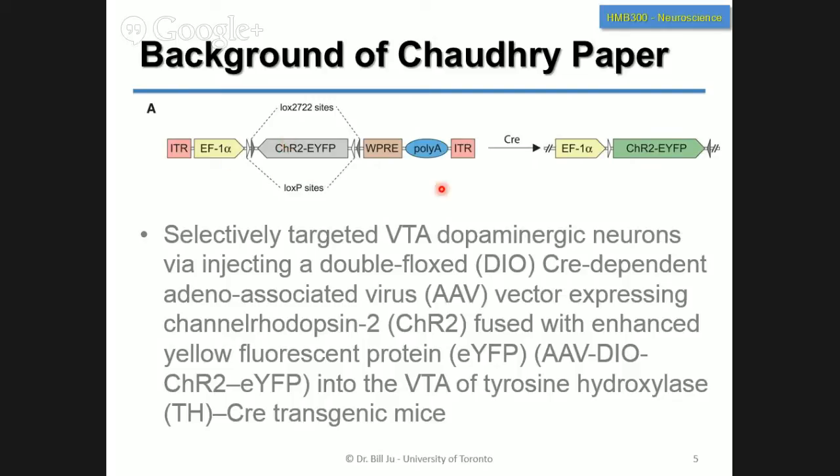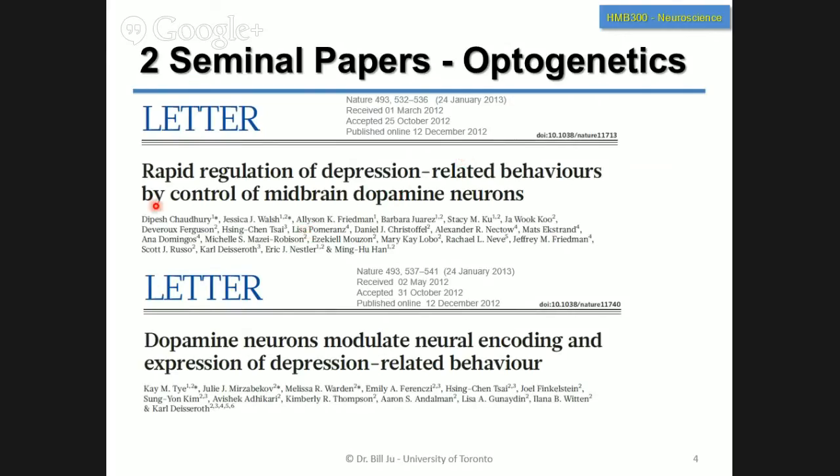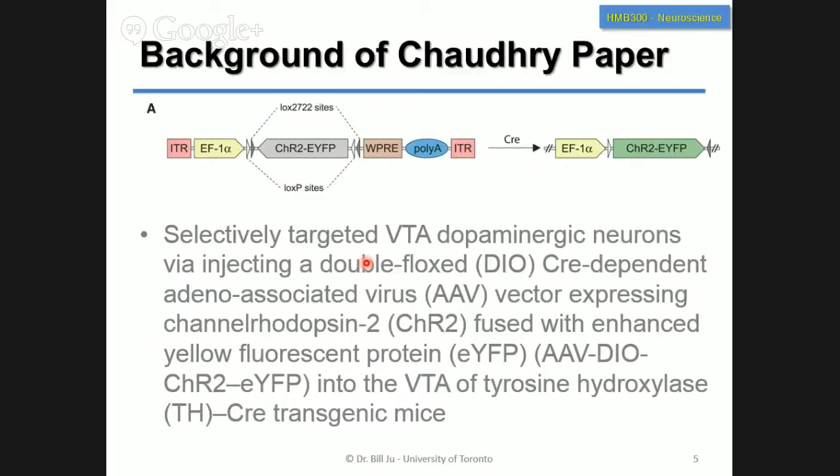I had given all of this to you before, just as a reminder. This was the original construct that was used in that first paper that I showed you in that previous slide. In this particular paper by Dipesh Chowdhury out of Minghu Han's lab, this is the same construct that he was using initially to do the characterization. So he was looking at this channel rhodopsin, excitatory.